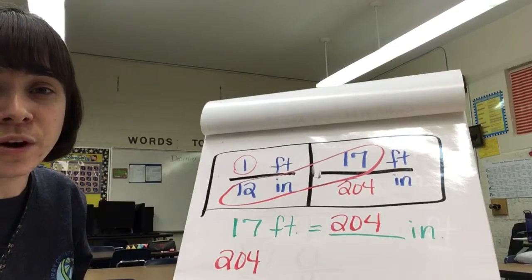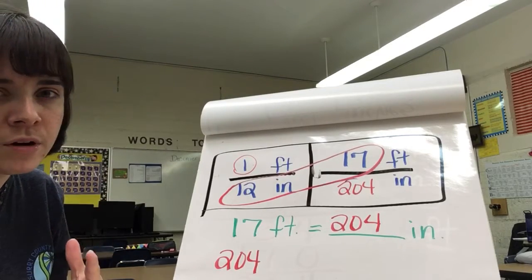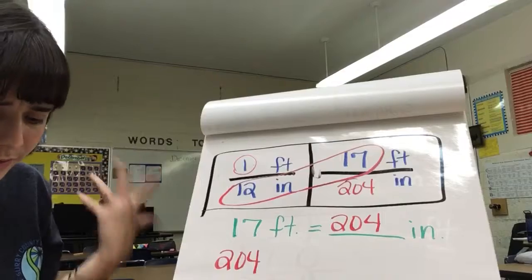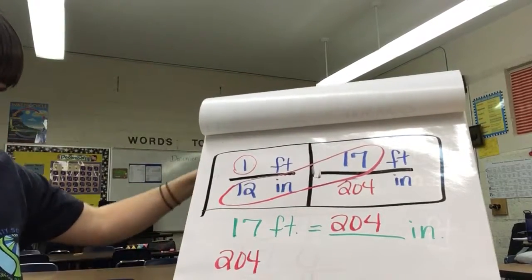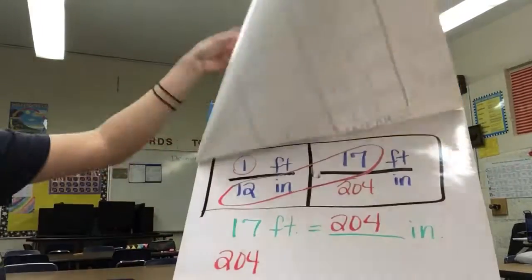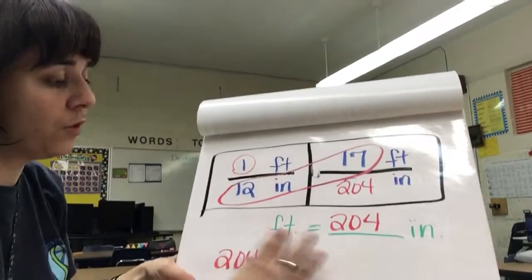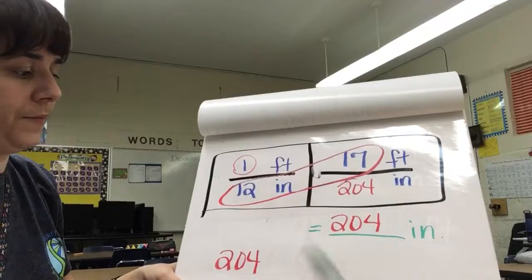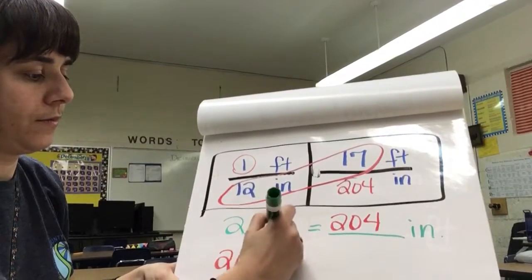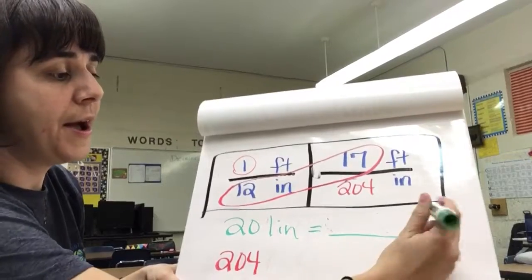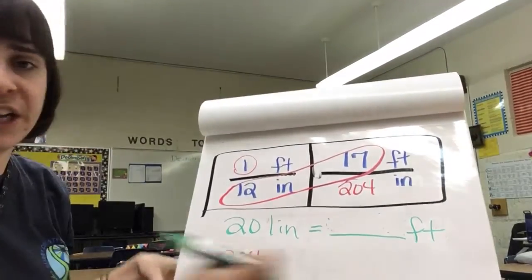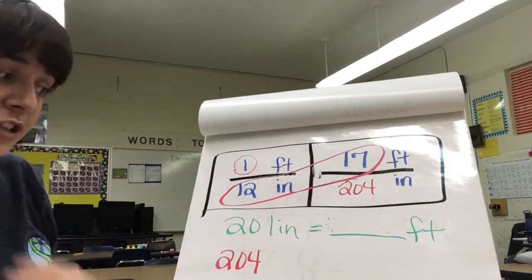Okay, now this also works if you have an uneven number. Let's say you had 201 inches and we wanted to convert that to feet. You're not going to end up with a nice pretty whole number in that situation.